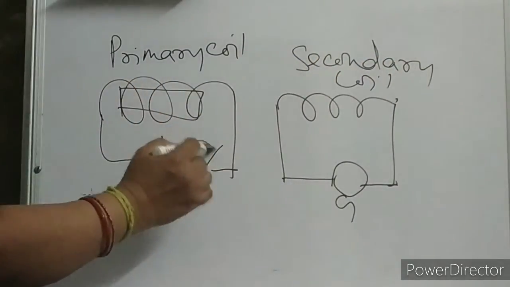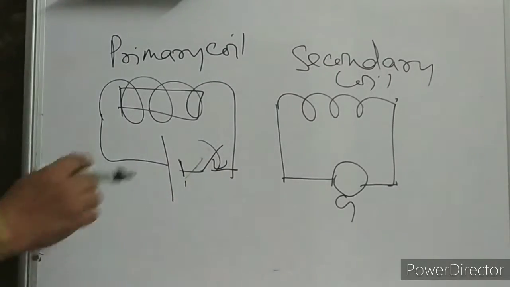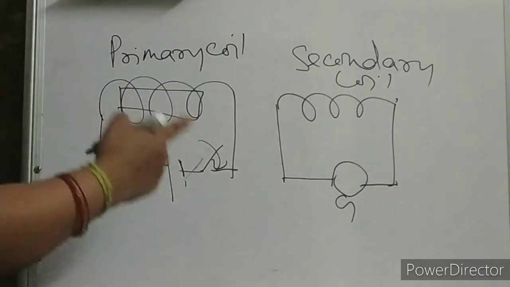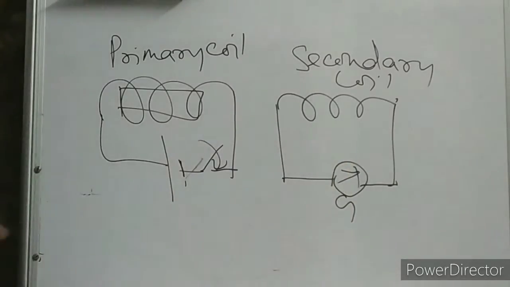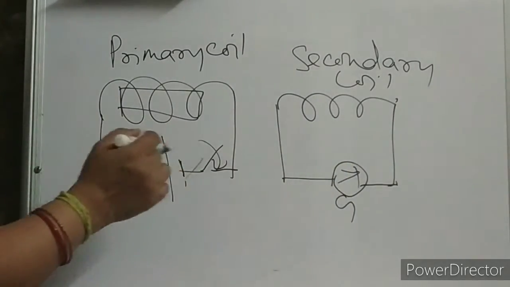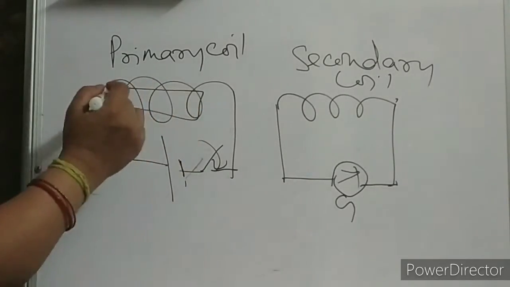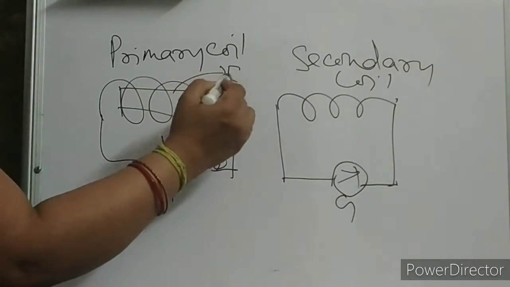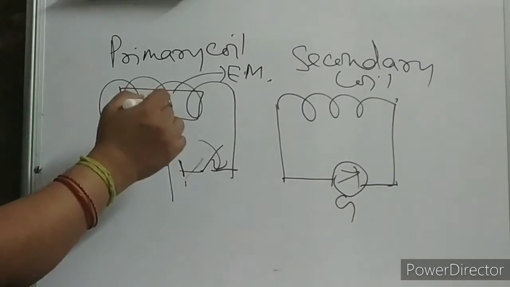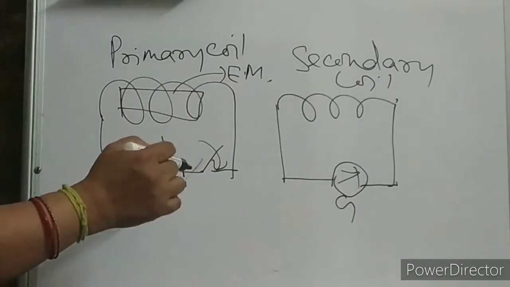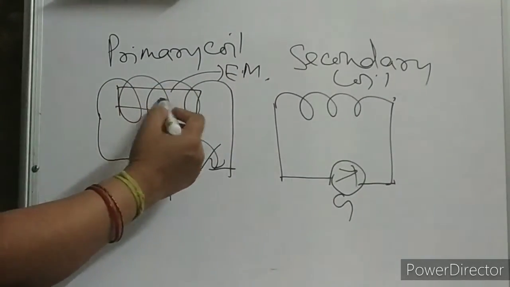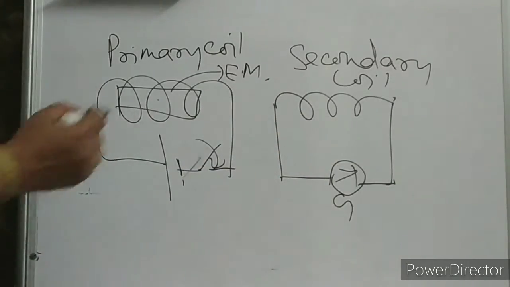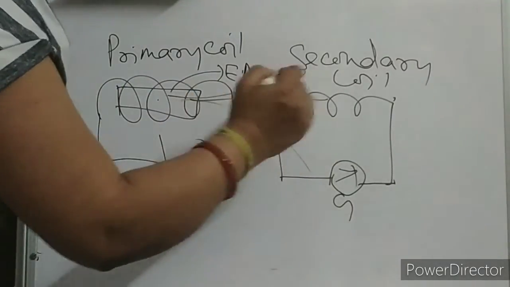Now when the switch is on, immediately we will see the deflection in the galvanometer in the secondary coil. How? When the switch is on, current will pass through this coil, so it behaves like an electromagnet. So there will be magnetic field lines, and those magnetic field lines will link with your secondary coil.